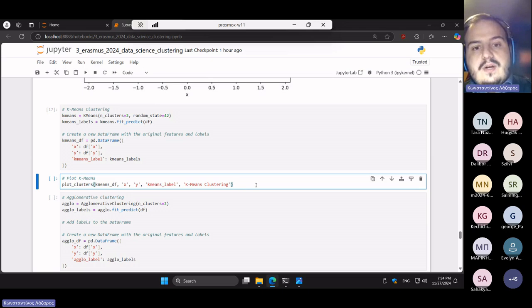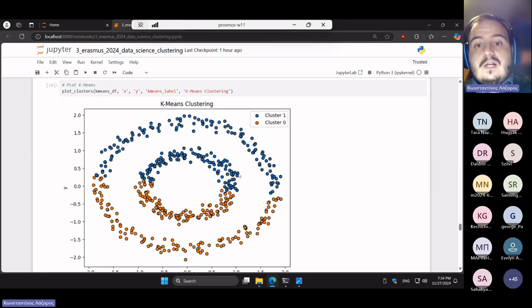So when I try to visualize the results that I'm getting out of k-means, what we're actually seeing here is that unfortunately it has created 2 clusters, but not in the order which we would actually expect. So for k-means, the 2 clusters are the 2 different hemispheres, so to speak.